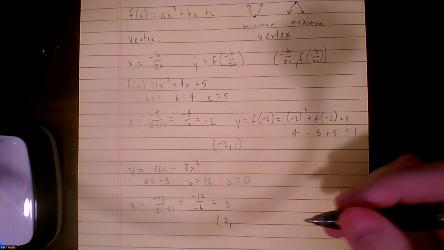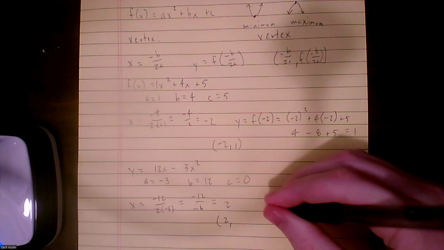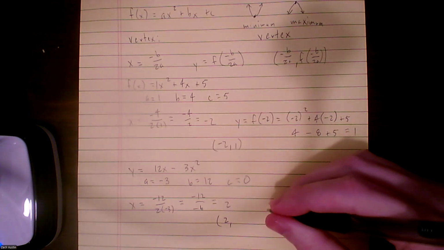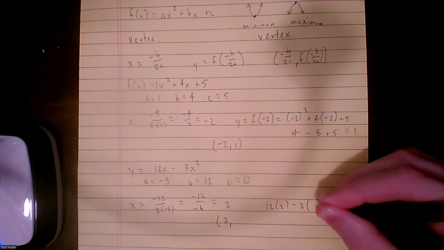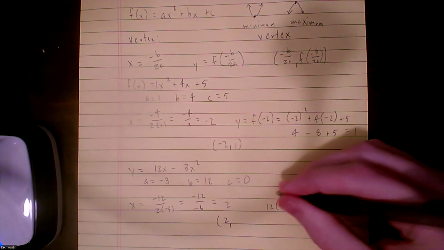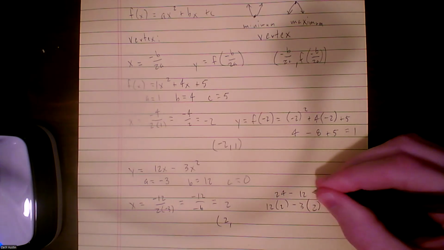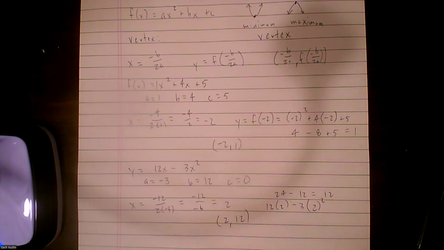To get the y that goes with it, all I'm going to do is take this x value and plug it in for x in my original equation. So I'm just going to do 12 times 2 minus 3 times 2 squared, plugging the 2 into those values. So this is 24 minus, that's 4 times 3, which is 12. So our vertex is at 2, 12.